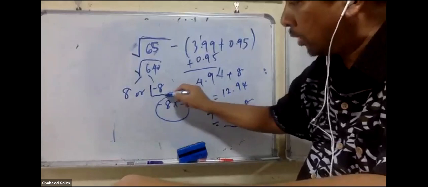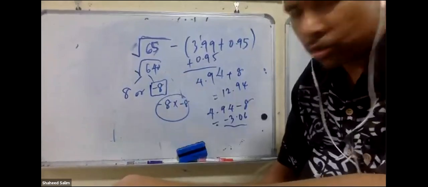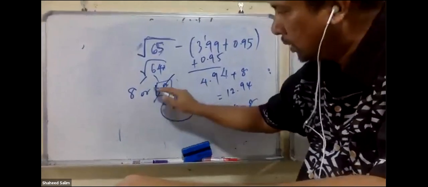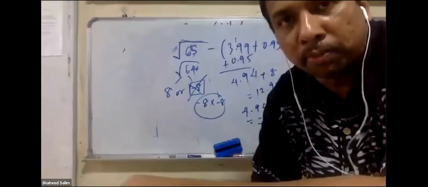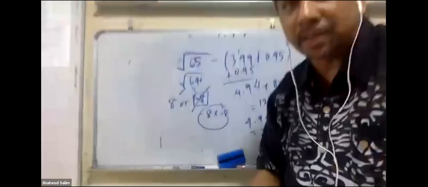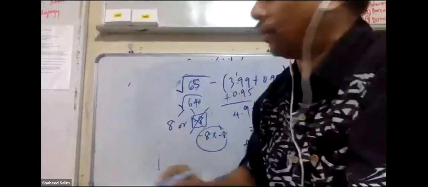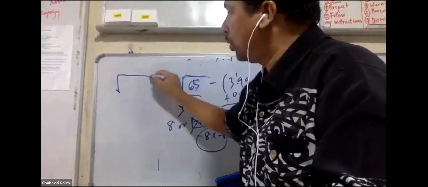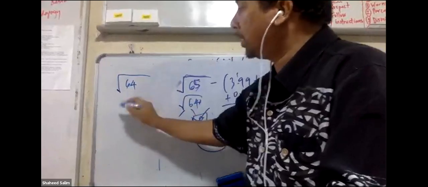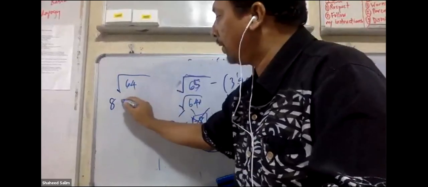But don't be confused yet. For now, your teacher has not taught you that square root can give a negative number. It's okay, you just ignore first. But later on, when it comes out, don't be confused. What's the meaning of square root? Square root means what number times itself. So now we want to find the square root of 64. What number times itself gives you 64? Well, 8 times 8?